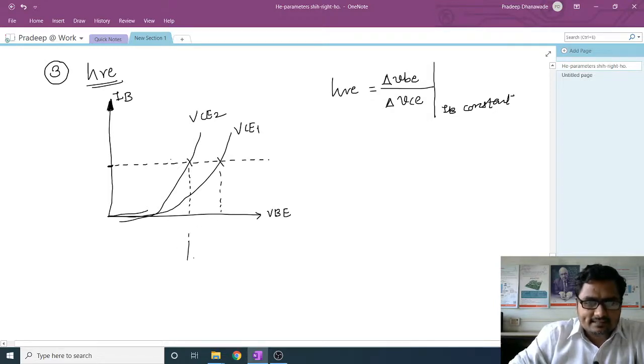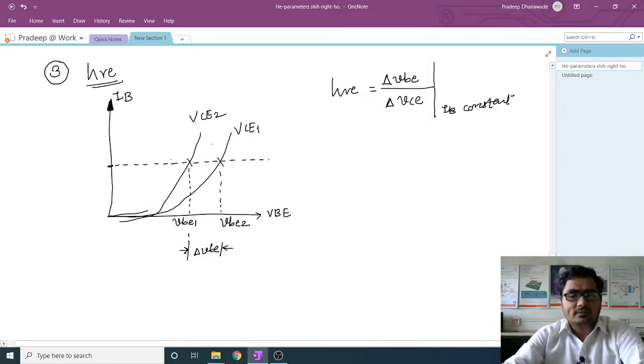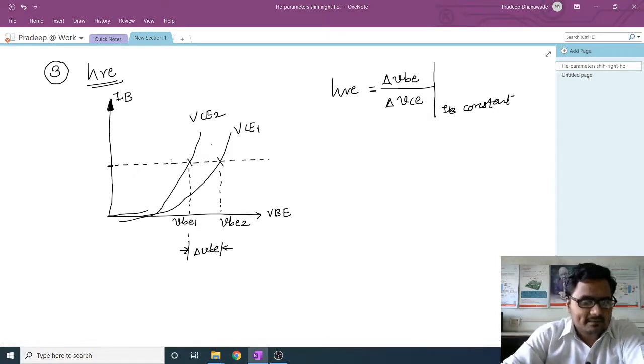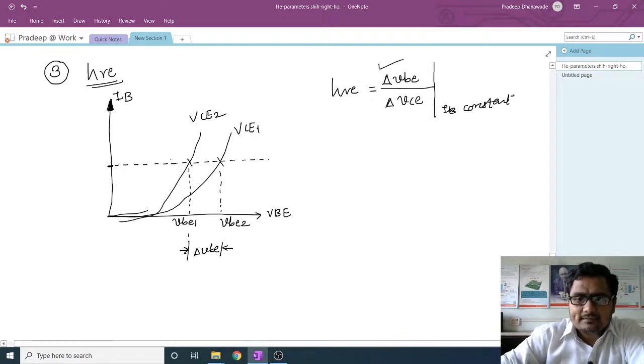Now what is this? This is my delta VBE. It means, let me write it here, VBE2 and this is VBE1. It's on you whether you call this point VBE1 and this point VBE2, no issue in that. So let me write. Now what about VCE? This VBE part we are done, we got this delta VBE.